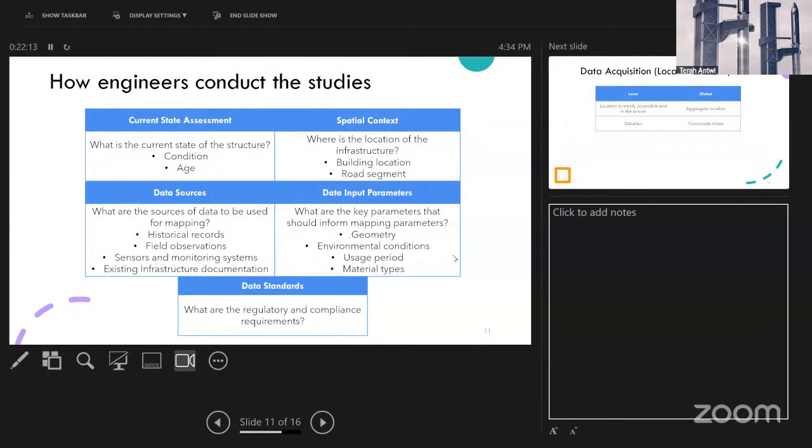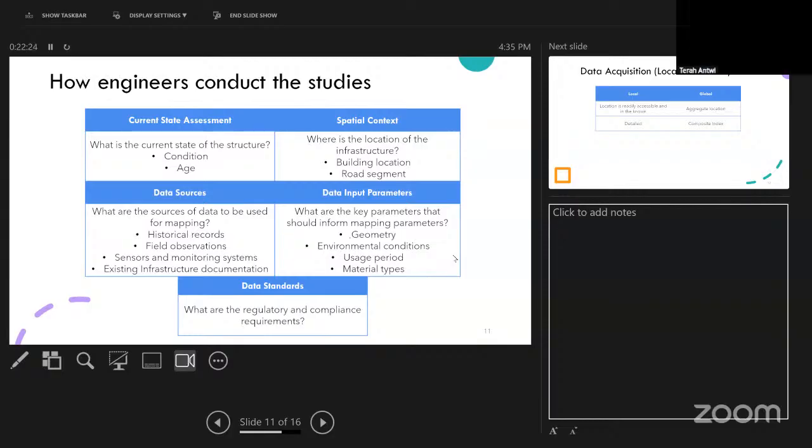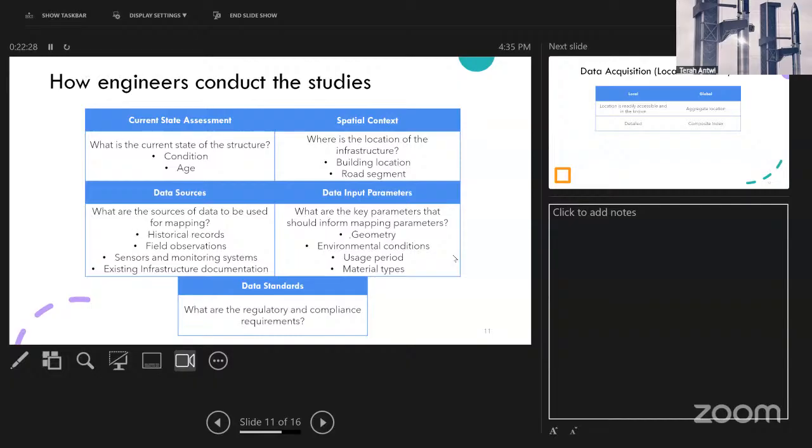Can we mute the noise? So one of the key mistakes some decision makers make is that we are very general in terms of the data we are looking for, and so it makes it very expensive to design our infrastructure mapping systems.